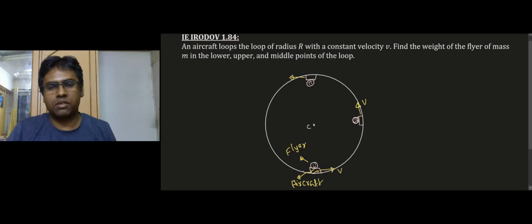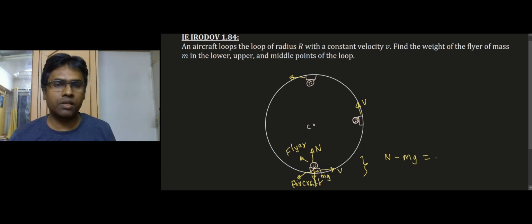Let's say he is sitting on a seat, so the seat applies a normal force in the upward direction, which will be towards the center of the circle, and the gravitational force will be in the downward direction. Okay, so the net force towards the center here is normal minus mg, and then that provides the necessary centripetal force, and then that is mass into centripetal acceleration.